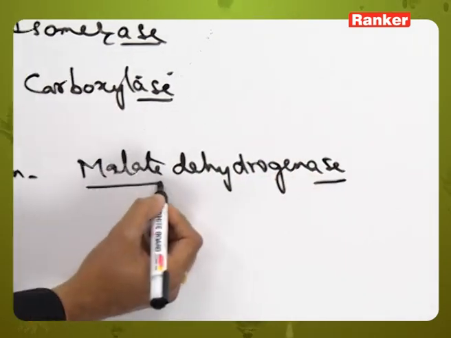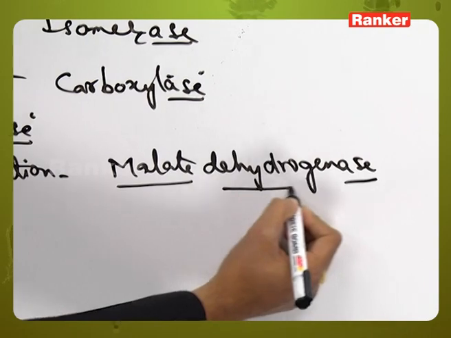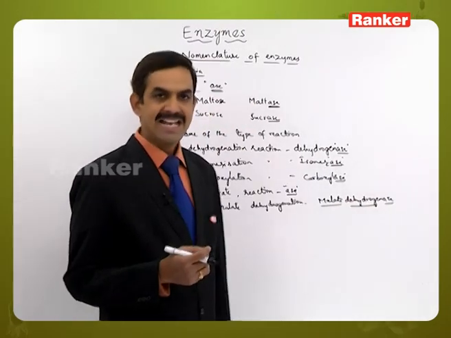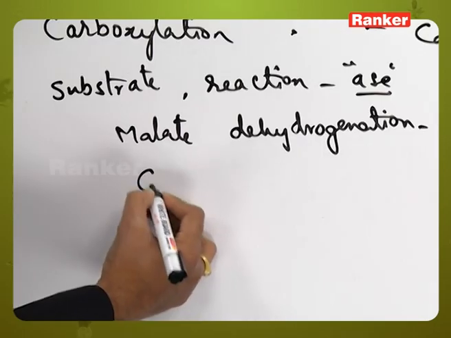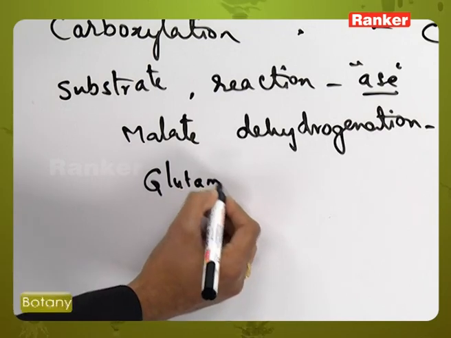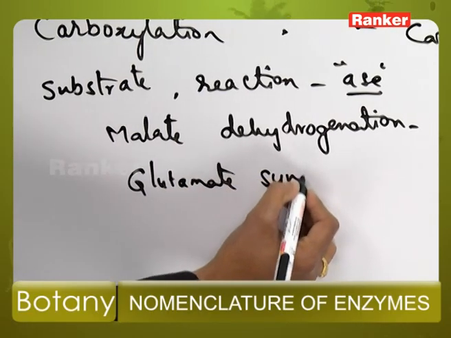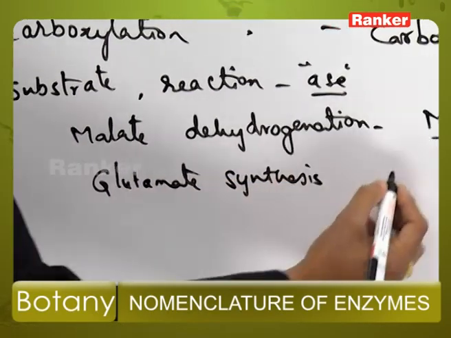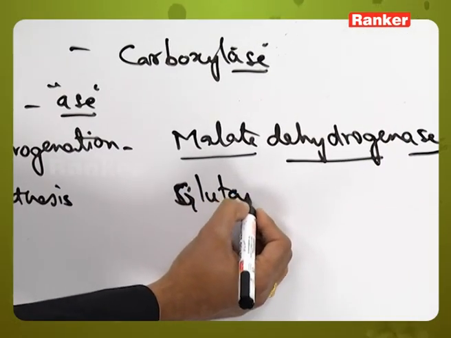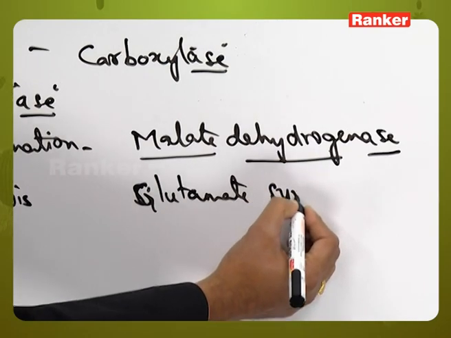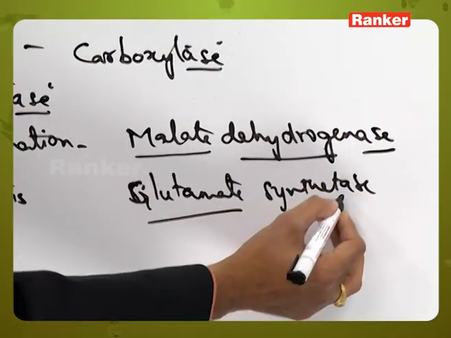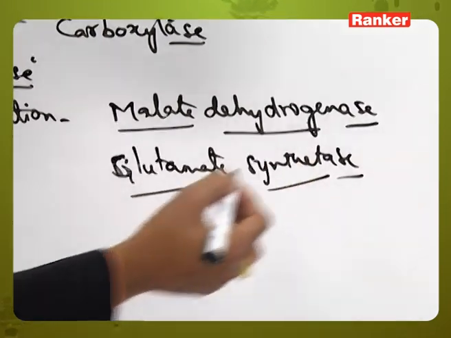Here malate is the name of the substrate, dehydrogenation is the type of reaction, and that is ending with "ase". Likewise, glutamate synthesis, so we call it glutamate synthetase enzyme. So here we have the type of substrate, the reaction, and the "ase".